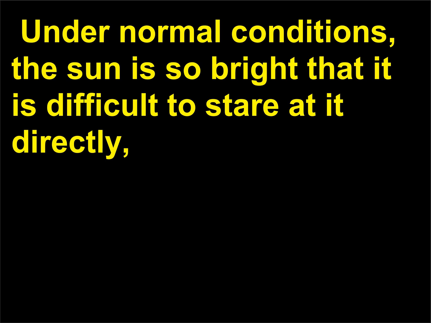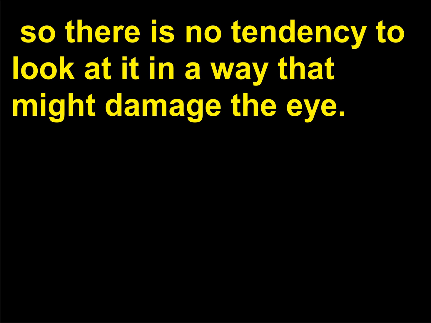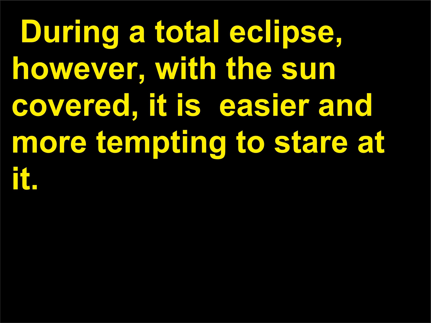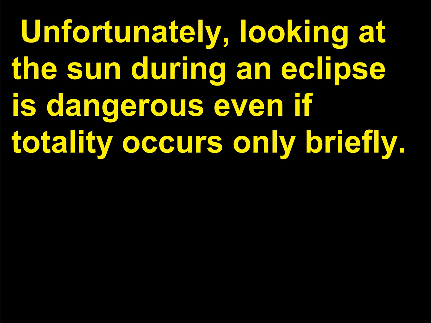Under normal conditions, the sun is so bright that it is difficult to stare at it directly. So there is no tendency to look at it in a way that might damage the eye. During a total eclipse, however, with the sun covered, it is easier and more tempting to stare at it. Unfortunately, looking at the sun during an eclipse is dangerous even if totality occurs only briefly.